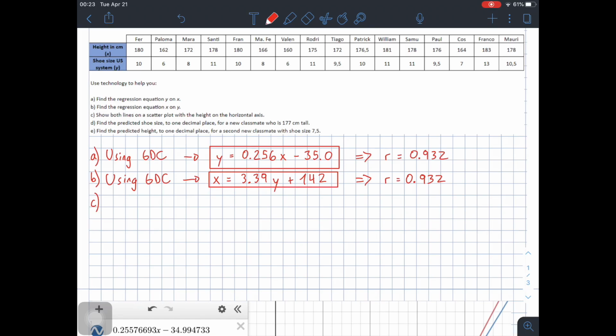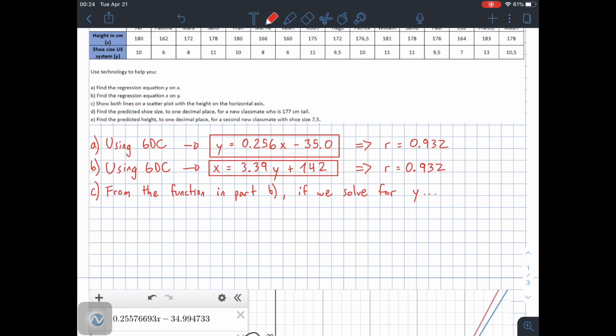So if we do that, I'm going to write that here from the equation, or the function actually, in part B. If we solve for y, and then I'm going to solve it here, we're going to get x minus 142 equals 3.39y.